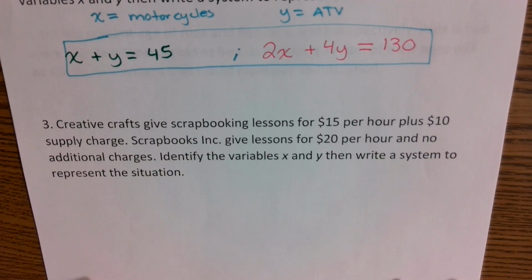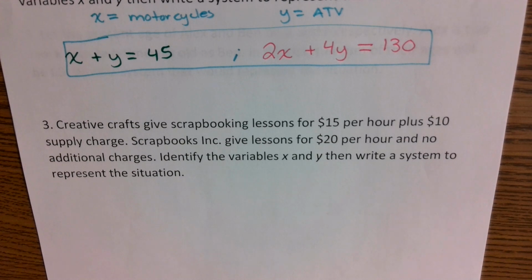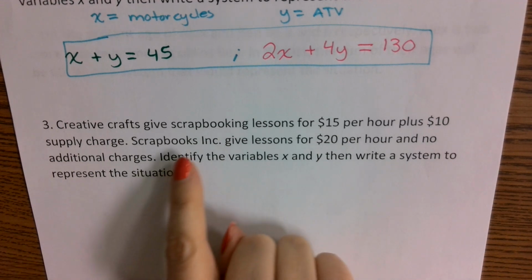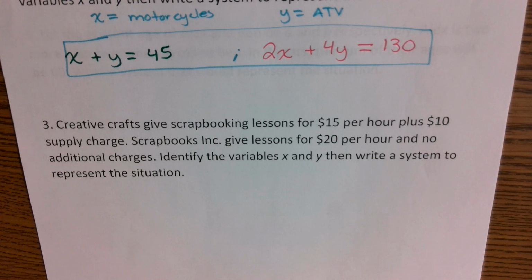All right, let's take a look at the next problem. Creative Crafts gives scrapbooking lessons for $15 per hour plus $10 supply charge. Scrapbooks Incorporated gives lessons for $20 per hour, and they have no additional charges. We want to identify the variables of x and y and then write a system to represent the situation.